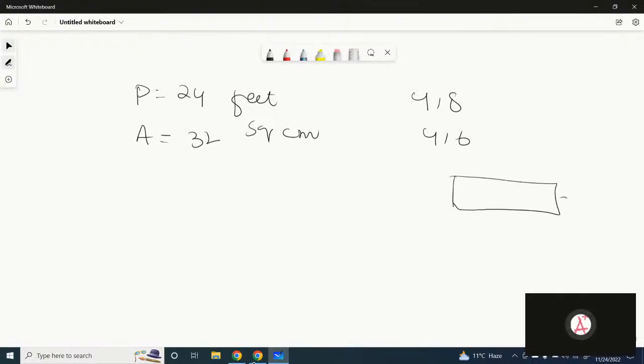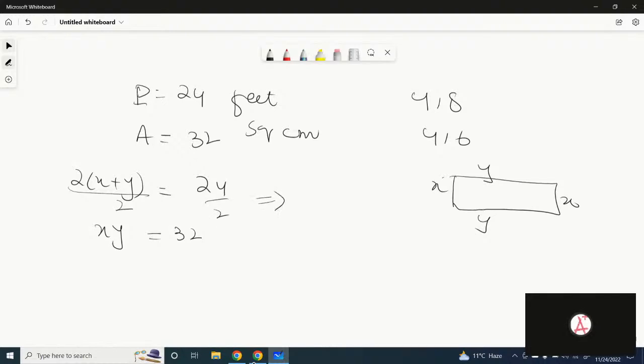If this is x, this is x. If this is y, this is y. Because the rectangle has opposite sides equal in length. So perimeter must be 2 times x plus y, because 2x plus 2y equals 24. And area is x times y equals 32. Divide this equation by 2 and you'll get the equation x plus y equals 12.